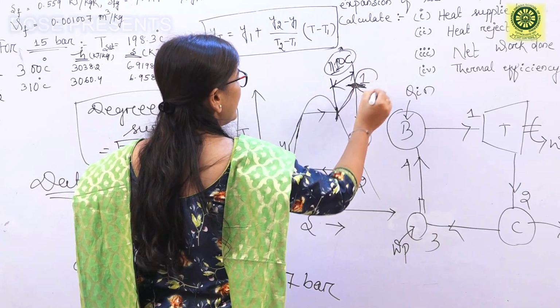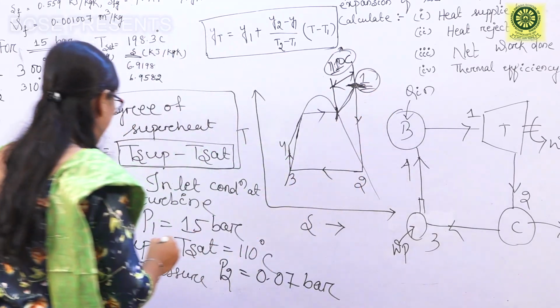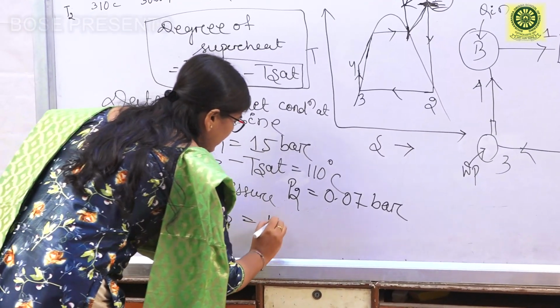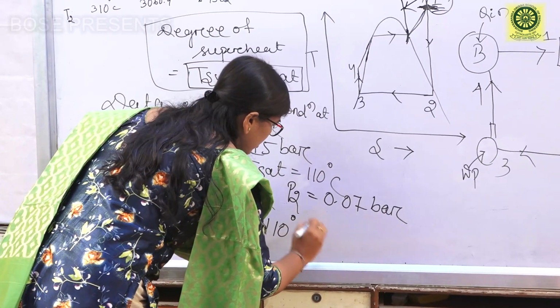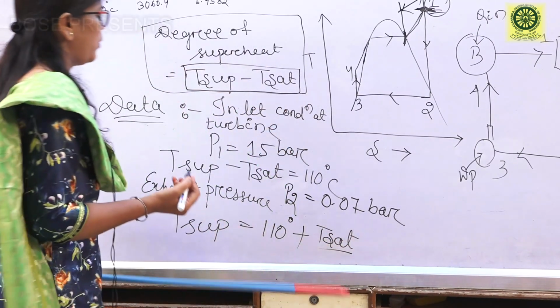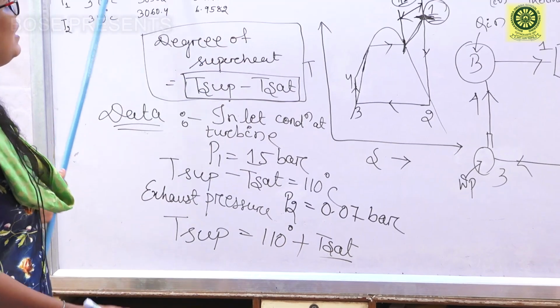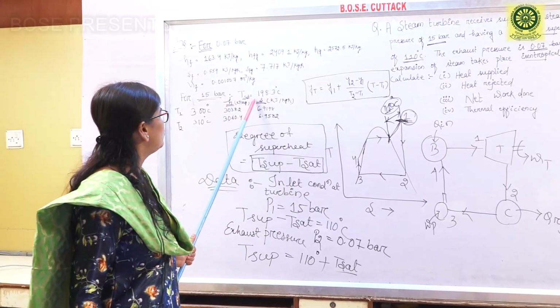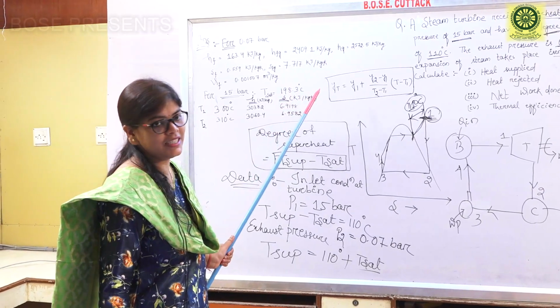So what I have to do to find out the superheat temperature? T superheat will be 110 plus T saturation. And what is T saturation for 15 bar? For 15 bar you can find out from your steam table. For 15 bar pressure T saturation is 198.3 degree centigrade.